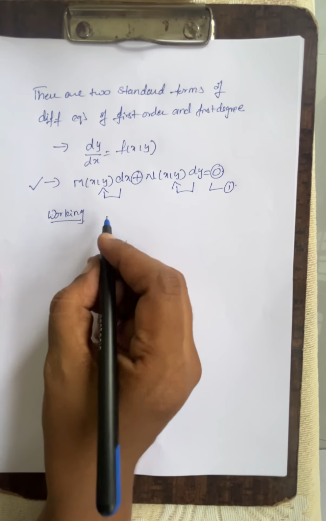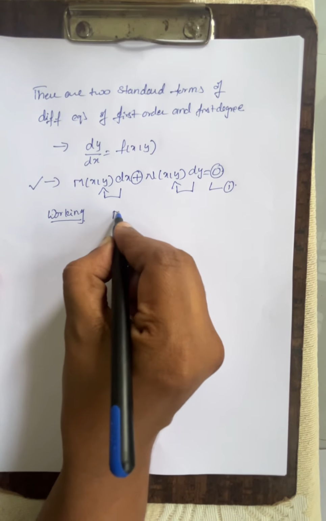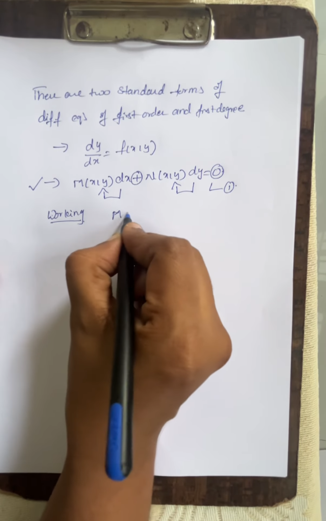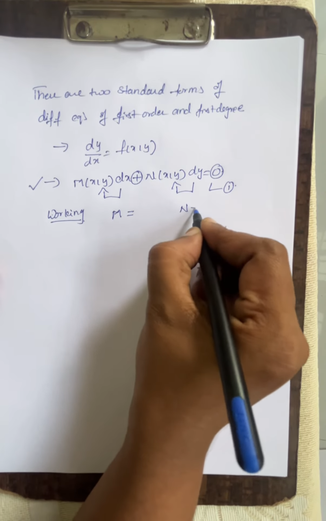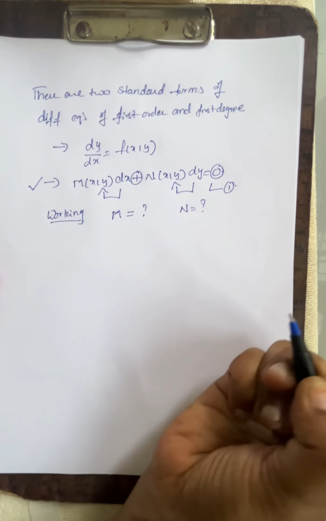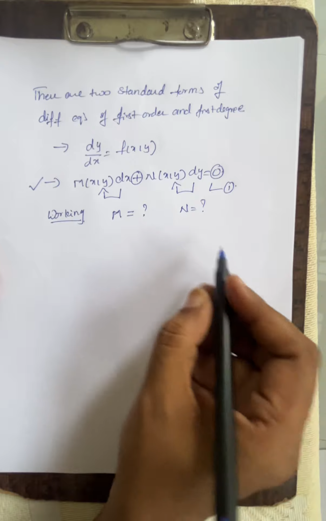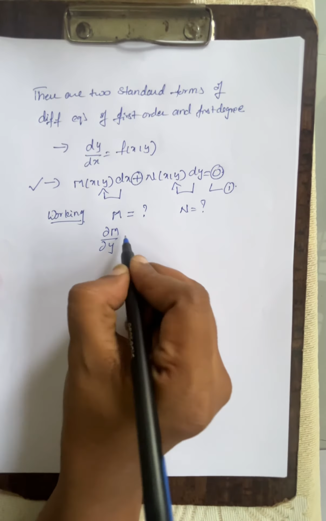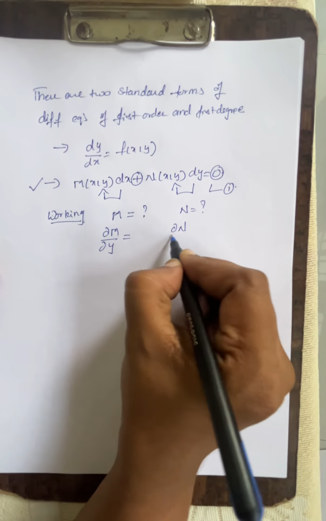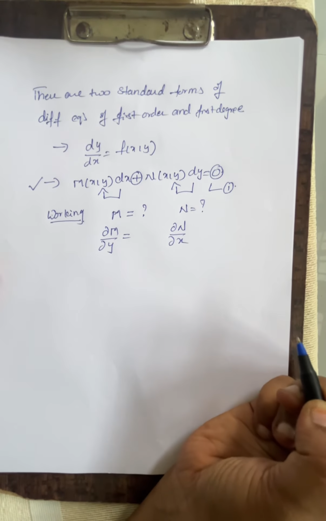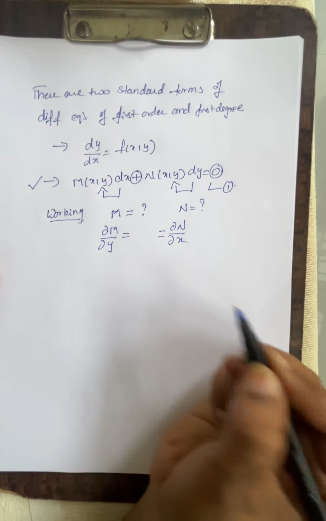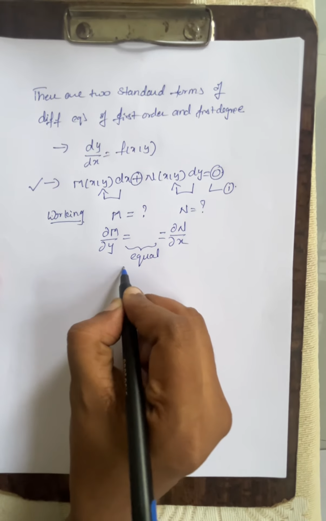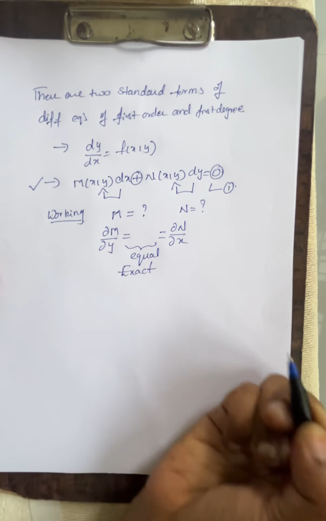For the exactness, we'll compare the given question with this equation 1, and we'll find out what is m and what is n. Once we get m and n, we'll differentiate m partially with respect to y, and we'll differentiate n partially with respect to x. Once these two values are equal, then we'll say the given differential equation is exact.